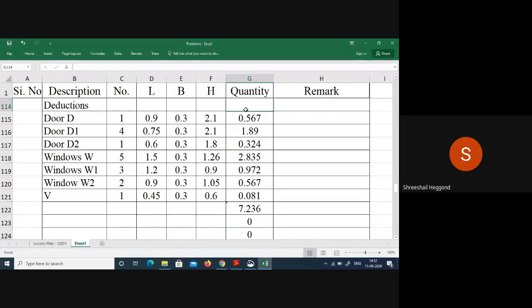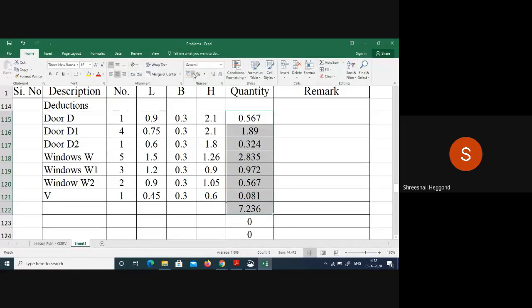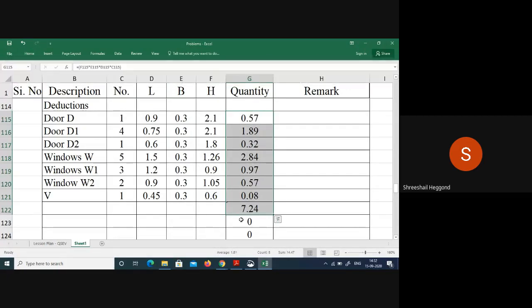Therefore, total will be 7.2623, to 2 decimals, round figure value. Therefore, net quantity would be, no, net quantity we cannot calculate now.